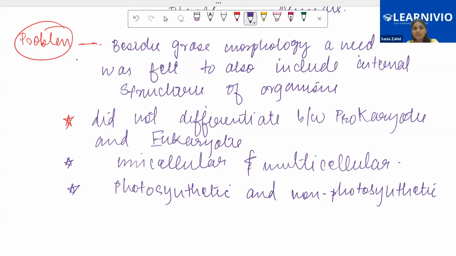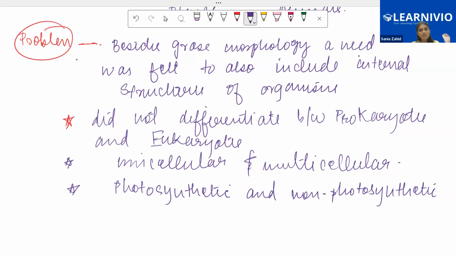The prokaryotic cells or organisms are basically those whose nucleus is not surrounded by a nuclear membrane. You know this difference? Yes. Okay, so in a prokaryotic cell, the nucleus is not surrounded by a nuclear membrane, but in a eukaryotic cell, the nucleus is surrounded by a very defined nuclear membrane.